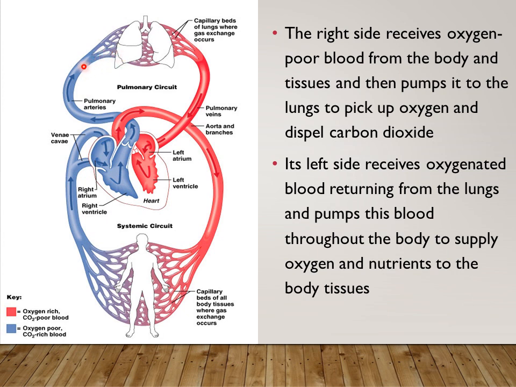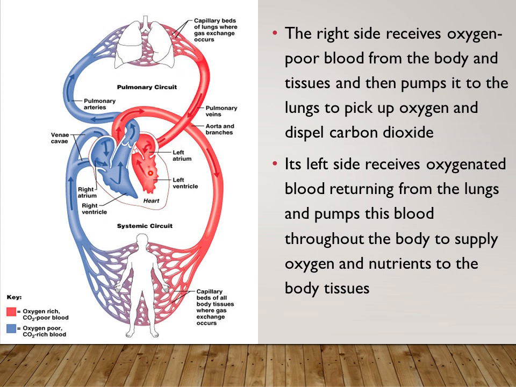Here it releases all of its carbon dioxide into the alveoli of the lungs at the capillary exchange level, and then it receives oxygen. Then this oxygenated blood enters the left side of the heart.